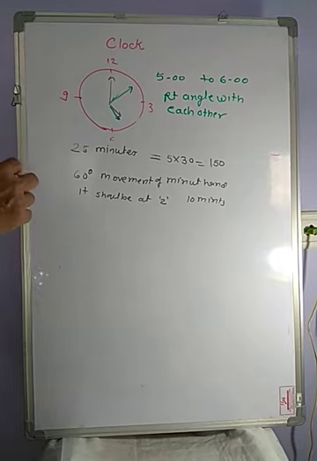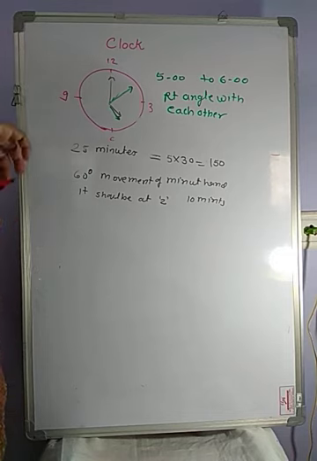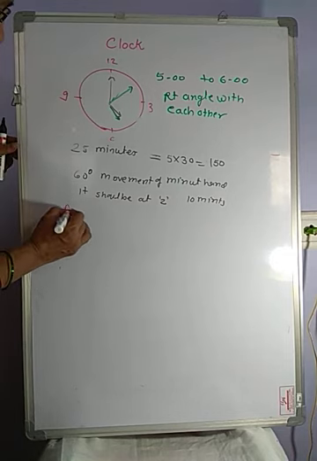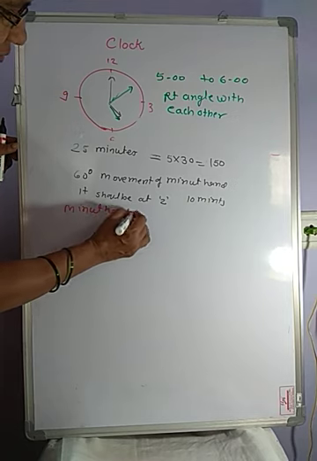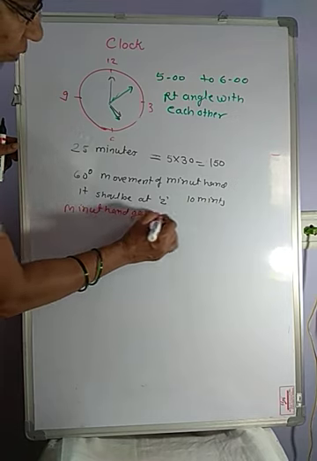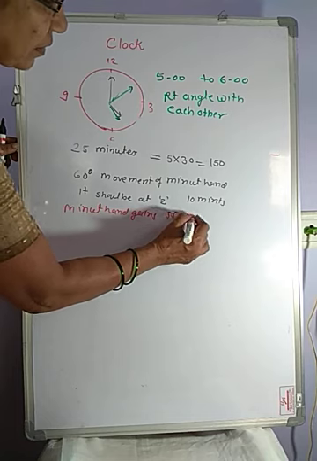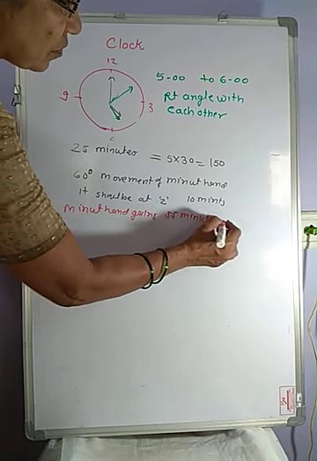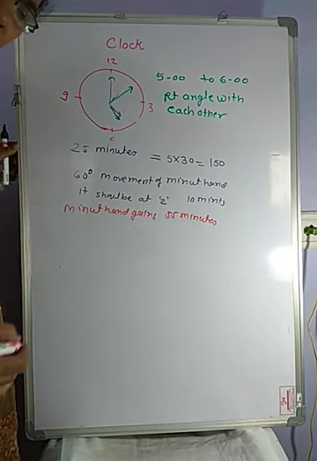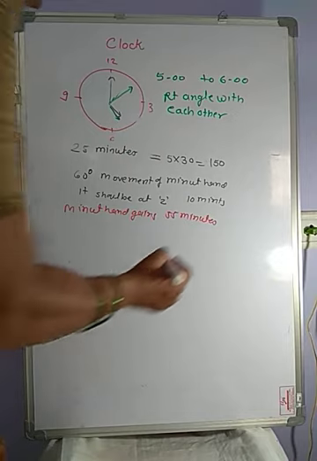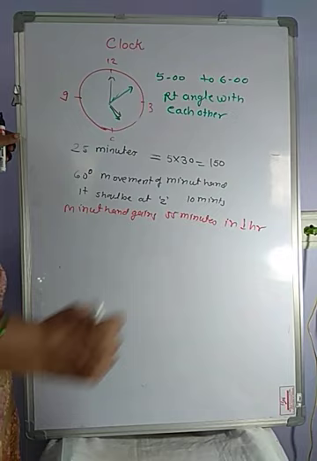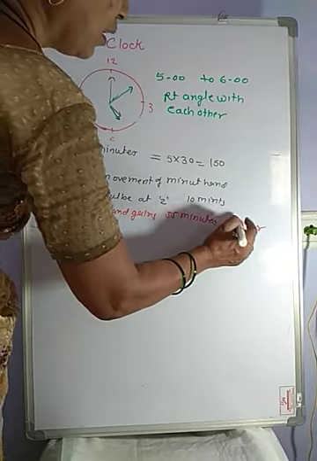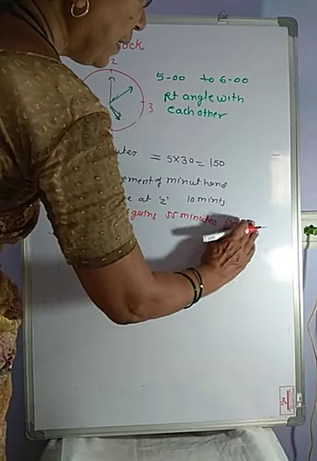We know that the minute hand gains 55 minutes in 1 hour, or in 60 minutes.